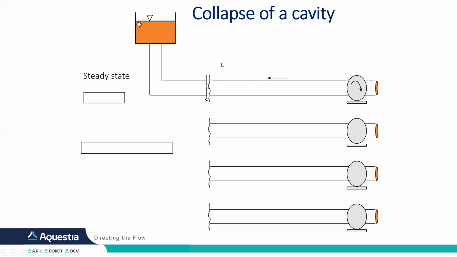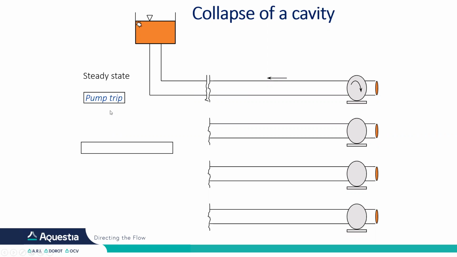Okay, so we can see a schematic description of what you've just seen. What you've seen in the video is when we close the isolating valve, but that's the same as what we have with the pump trip.